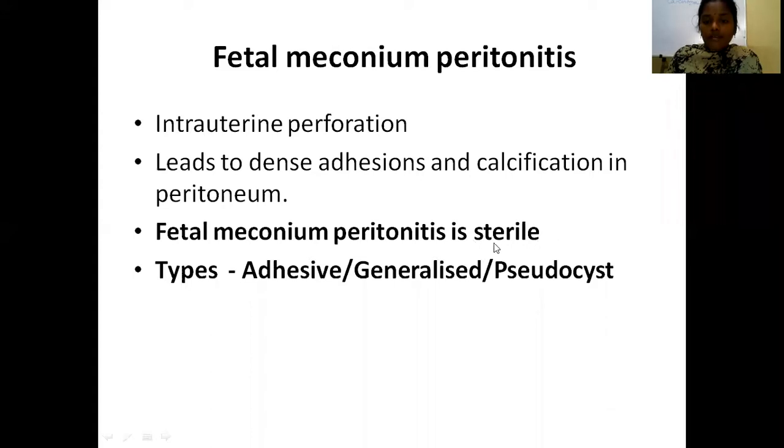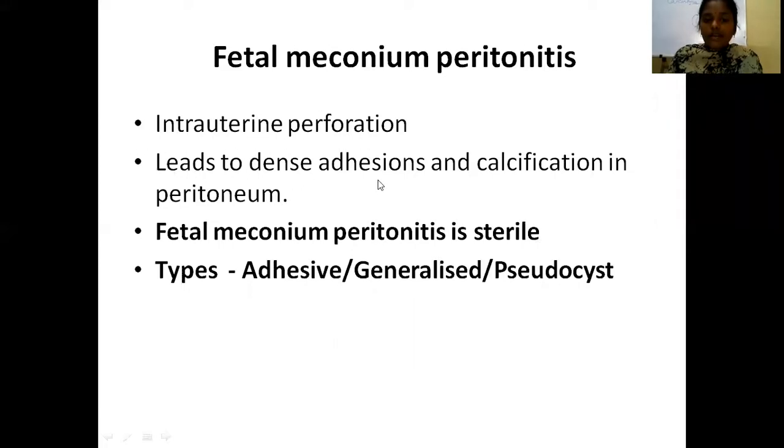Meconium peritonitis is sterile, and it can be classified as the adhesive type, that is, because of adhesions there will be limited peritonitis at one part, or generalized peritonitis, or pseudocyst, that is cystic formation of the meconium. These are the different types of fetal meconium peritonitis, which occurs due to intrauterine perforation.